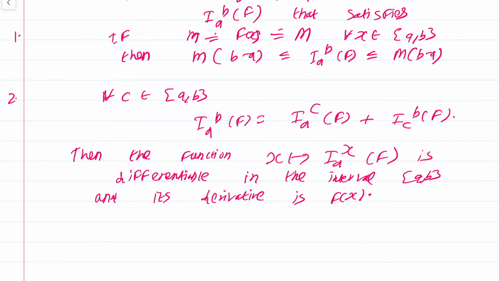So if you differentiate the integral, you are supposed to get back the function. That's what this is saying. Though we don't really know what this I_ab of f is so far, it is just something that is assumed to exist and satisfy these two properties.